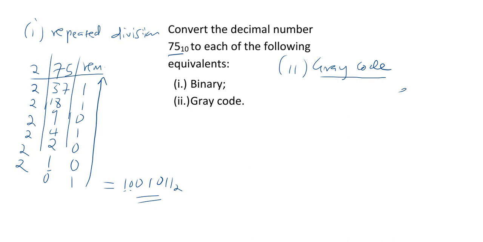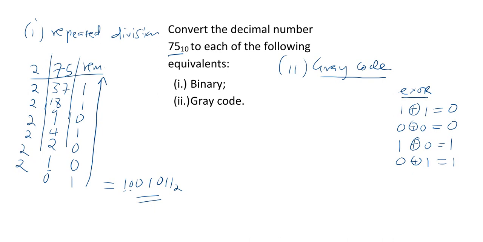When you XOR 1 with 1, we get 0. When we XOR 0 with 0, we get 0. 1 XOR 0 is 1, and 0 XOR 1 is 1. So we use this to get our gray code.